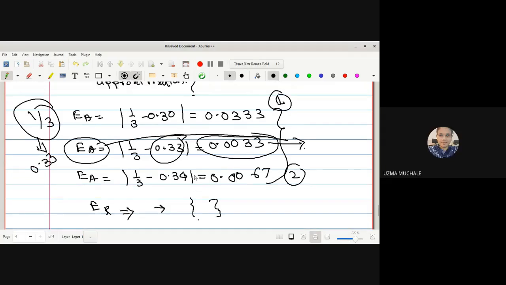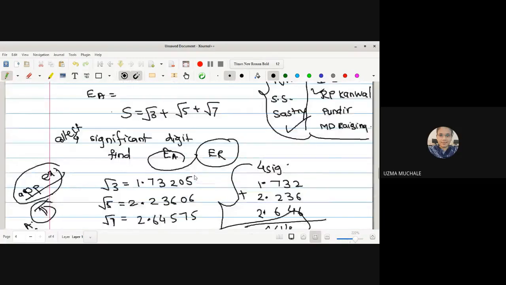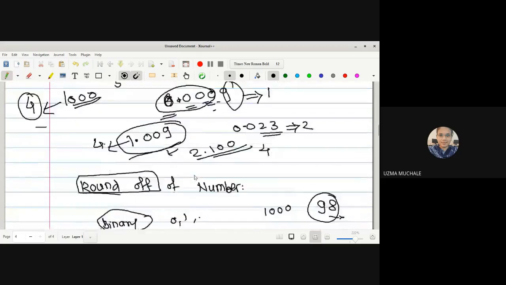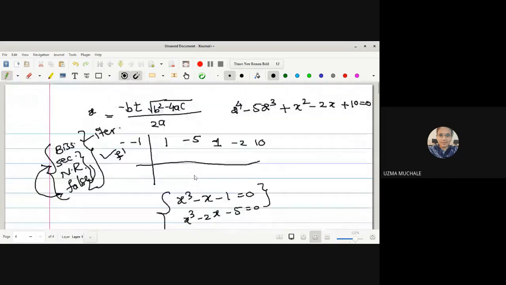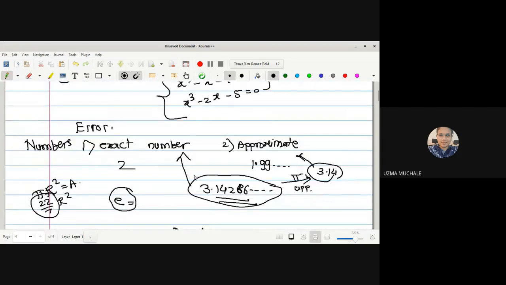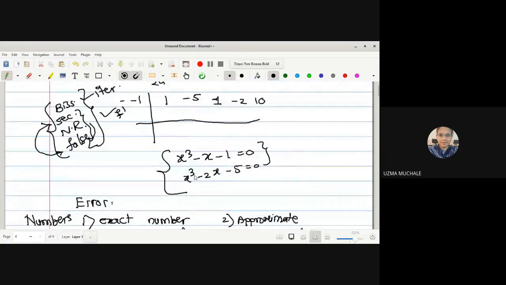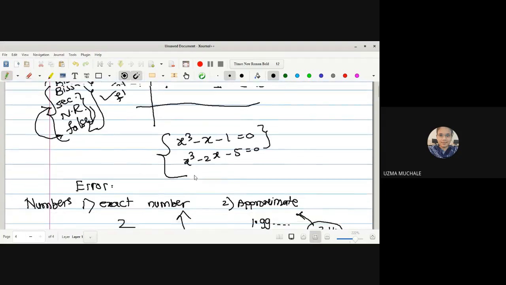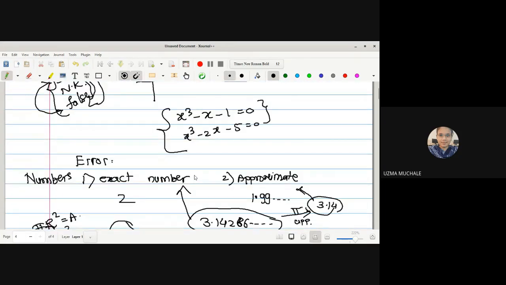So what we have studied from the starting: first we saw the syllabus for numerical analysis, right? Next we saw how to find the root of an equation, and why we are going to study the bisection method, secant method, Newton-Raphson, and method of false position: because some equations have roots that cannot be found directly by the usual method.